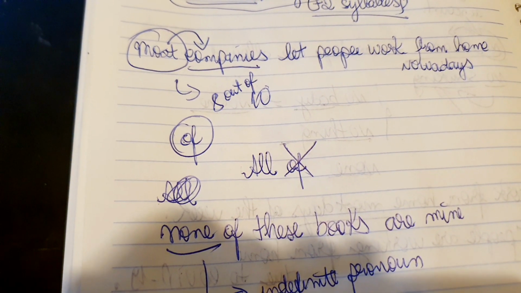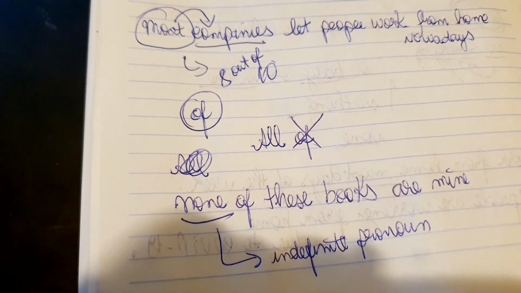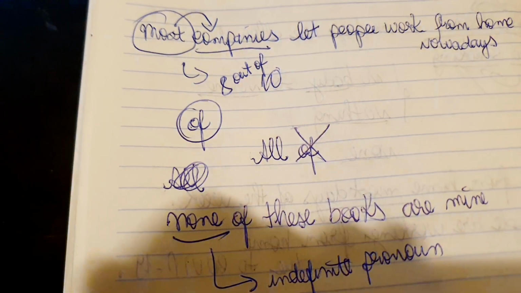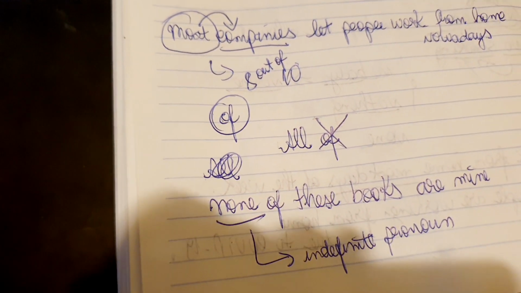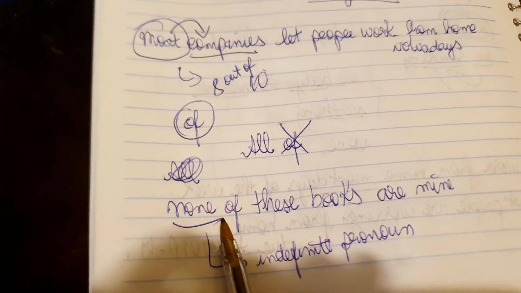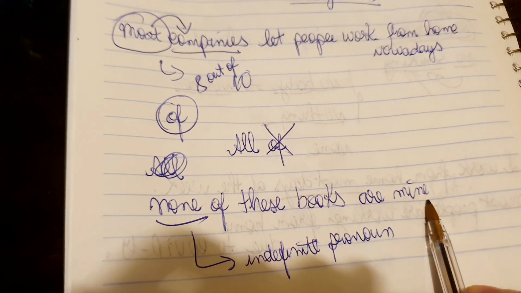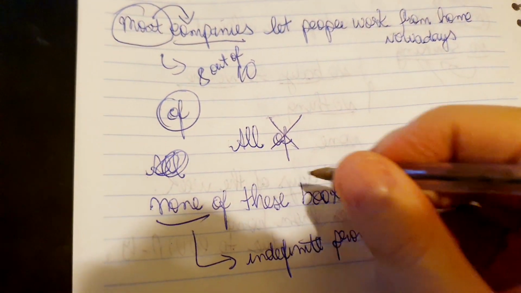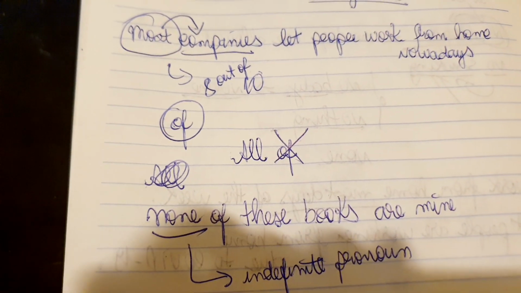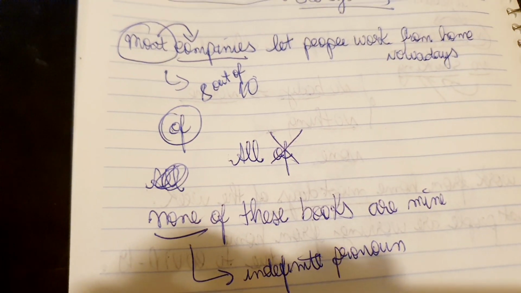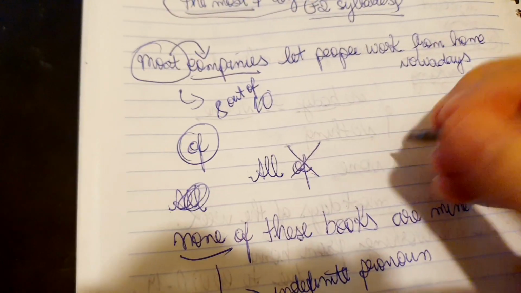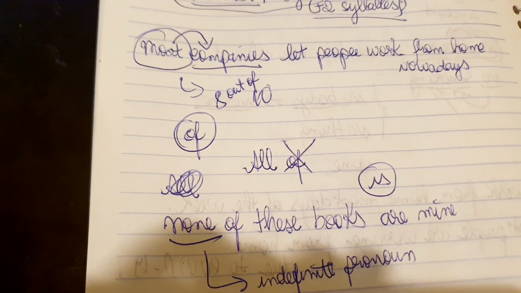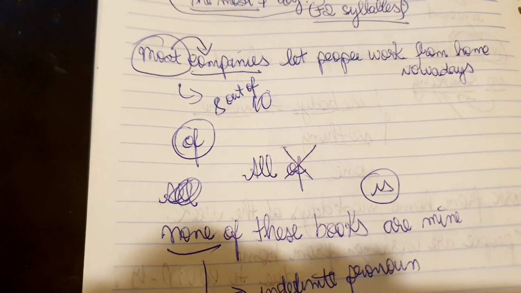I'm trying to find a place where I can find that none is used in plural. That's correct. This example I have written here is correct, okay? Because this sentence has a sense of plurality, right? It sounds more natural as well. If you say, none of these books is mine, it sounds weird. It sounds not more natural than that.